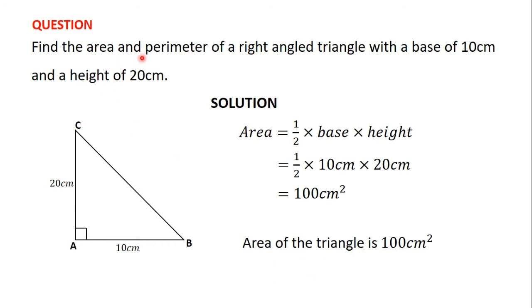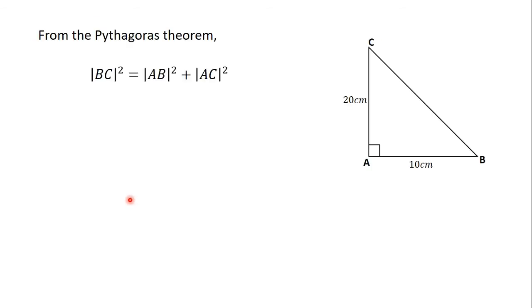The question also said that we should find the perimeter of the triangle. We know the distance AC, we know the distance AB, but we don't know the distance BC. Since this is a right-angled triangle, we are going to apply the Pythagoras Theorem. If we apply the Pythagoras Theorem here, we know that the square of the hypotenuse, which is BC squared, is equal to the sum of the squares of the other two sides.